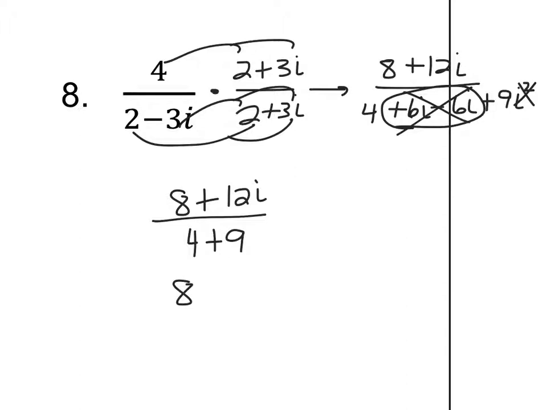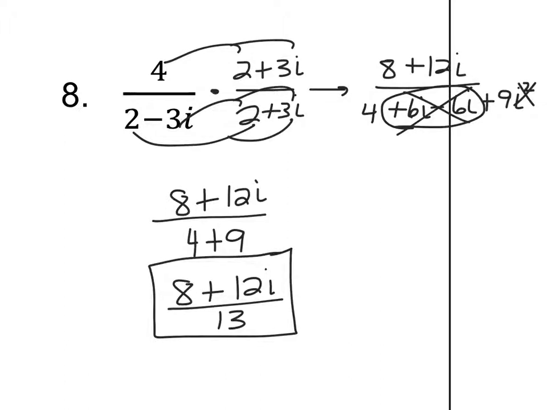And then I have 8 plus 12i on top. And on the bottom, I can combine 9 and 4, and I get 13. And done. Okay, so I've gone through 3 good examples there. So you should be able to work your division problems on page 3 of the Class Cake examples.